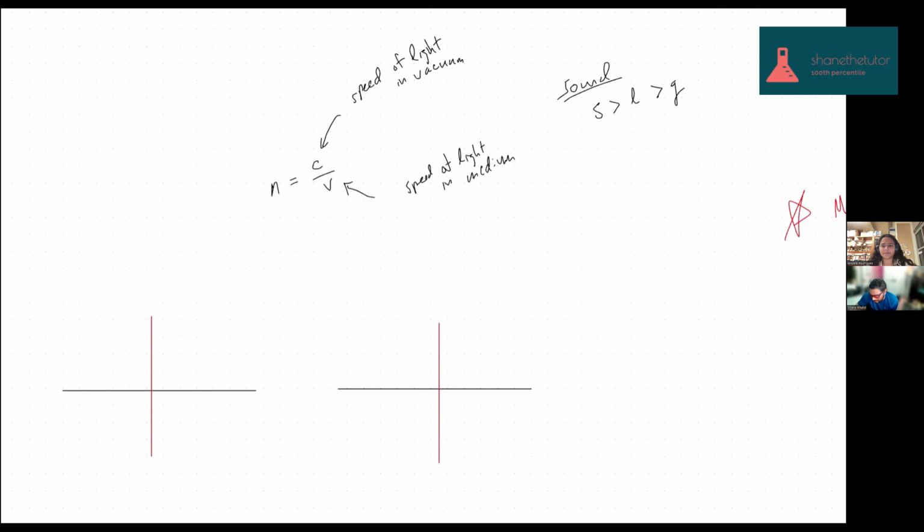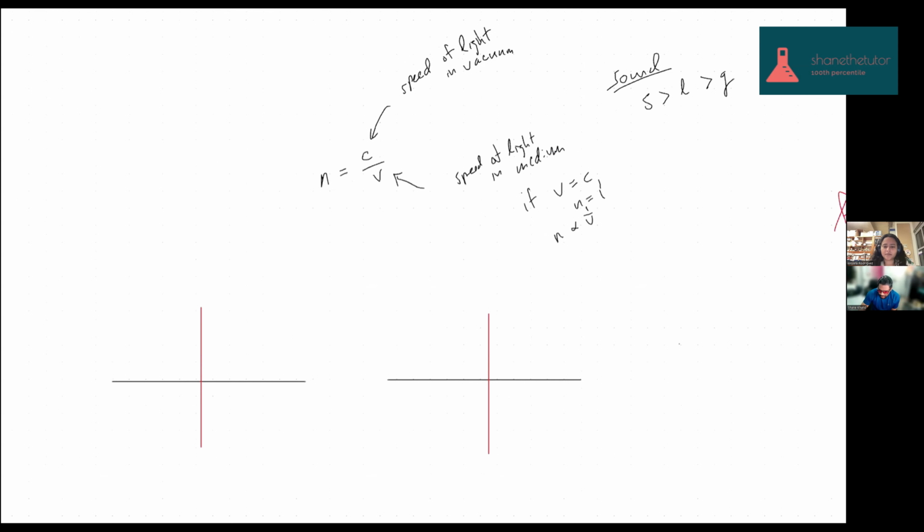Now the slower it gets in the medium, the larger the N value is, right? So N is inversely proportional to V. The higher the index of refraction, the N value, the slower light travels in it, right?